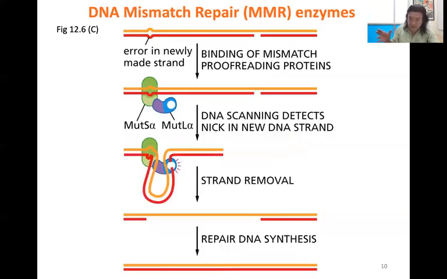What if the proofreading of the DNA polymerase misses something, and then you have a misincorporated base that is now part of the template strand? Now it is up to different mismatch repair, or MMR, enzymes to come and recognize, oops, the DNA polymerase made a mistake and didn't catch the mistake.